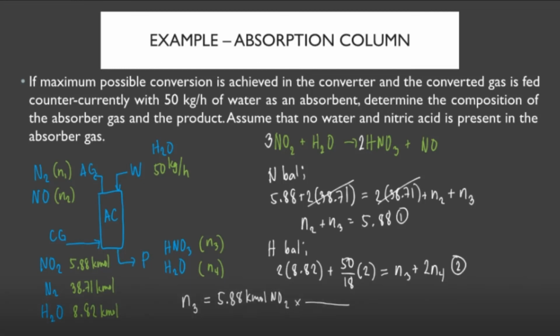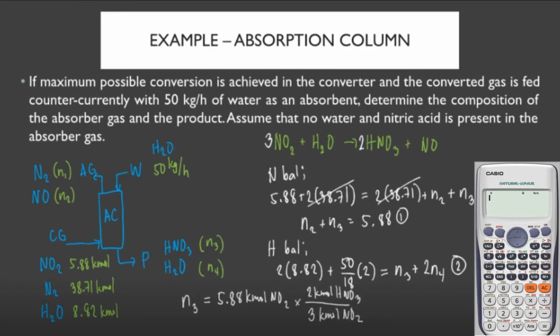Our conversion factor is 3 kilomoles of NO2 in the denominator is equivalent to 2 kilomoles of nitric acid in the numerator. Calculating, that is 5.88 times 2 divided by 3. Our answer is 3.92 kilomoles HNO3.